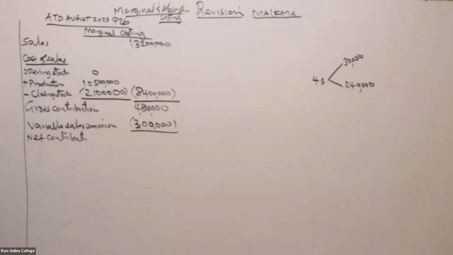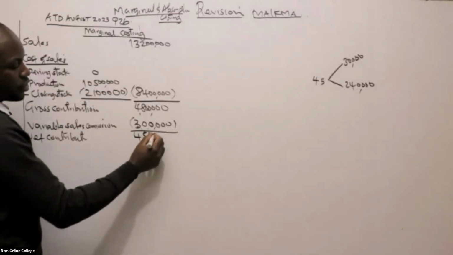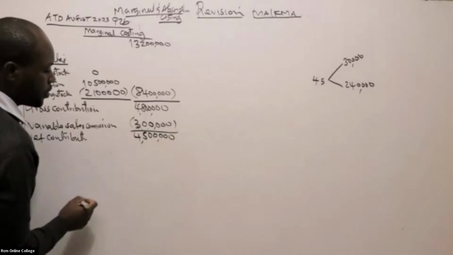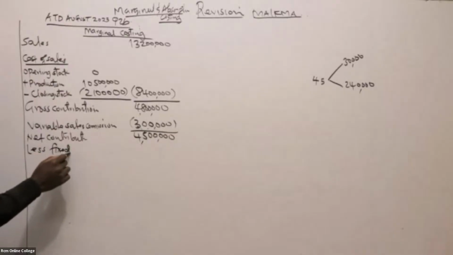So what are we getting? What is now our net contribution? 4,500,000. Now from this, we can less all the fixed expenses.